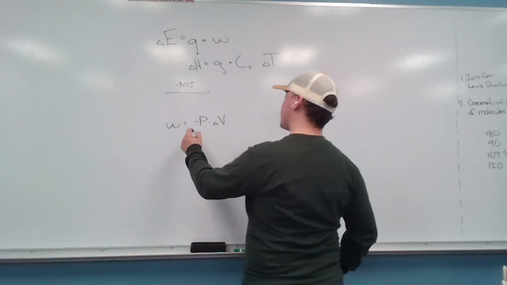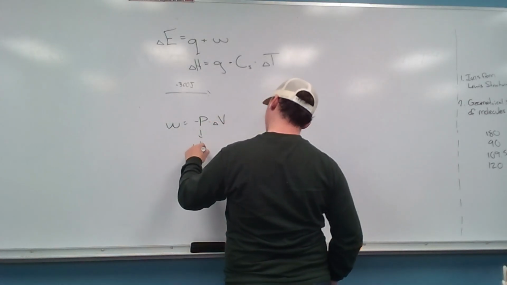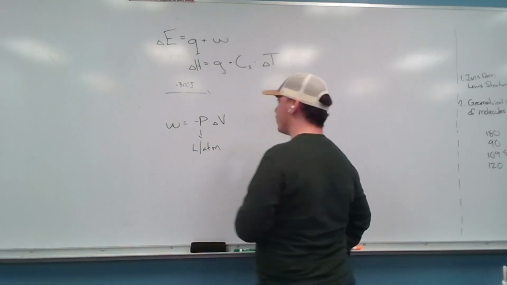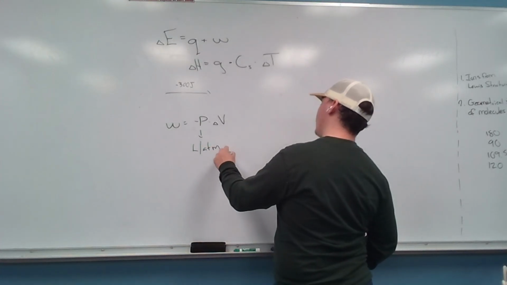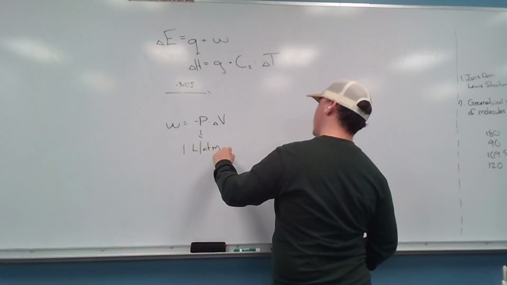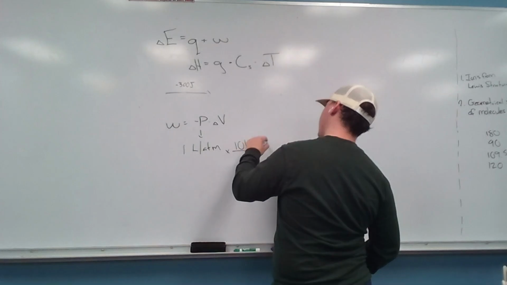This comes out as a unit called liters per ATM, which you have to convert into joules. It's not automatically in joules. And the way you do this is 1 liter ATM is equal to 101.325 joules.